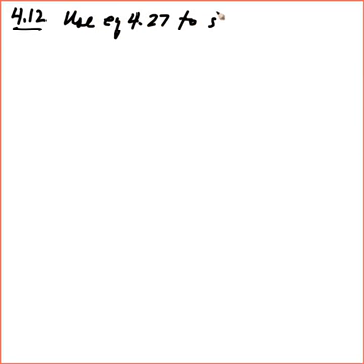Okay, here is Pedrotti problem 12 from chapter 4. This is another one that ultimately boils down to a math problem. What we're looking at is delta tau by L, the pulse spread per unit length, and we want to use equation 4.27 to show both of these approximations.